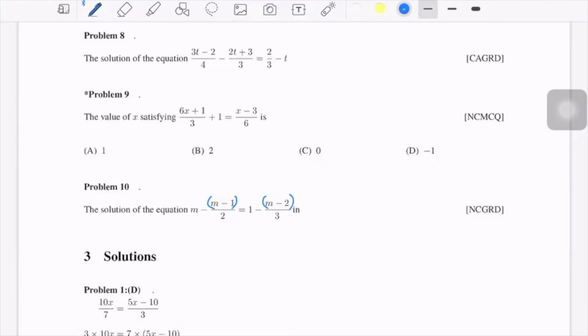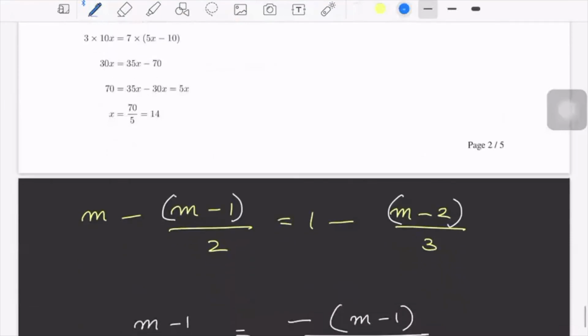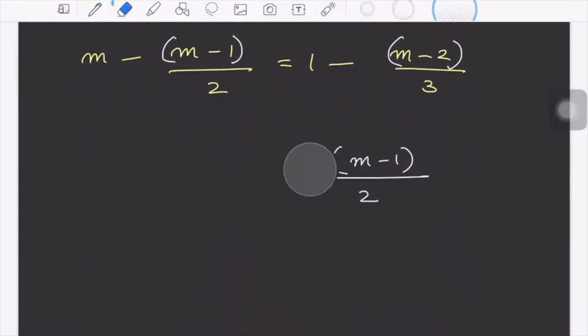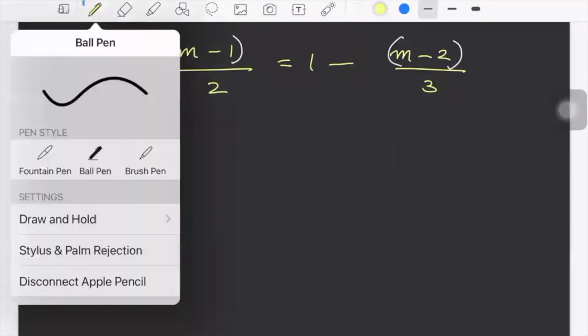So always make it a point to write down that bracket, because otherwise you might give that negative sign to m only, but it doesn't work that way. The negation goes to the entire numerator. So I have written it in the first step itself so that a future error can be avoided.